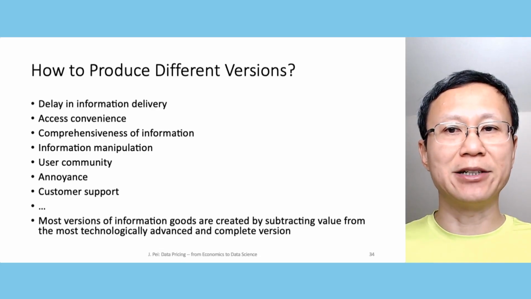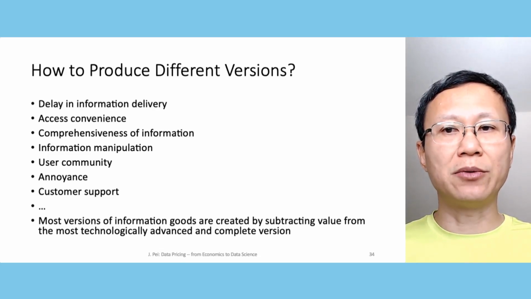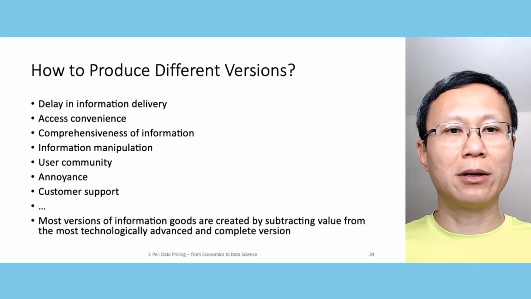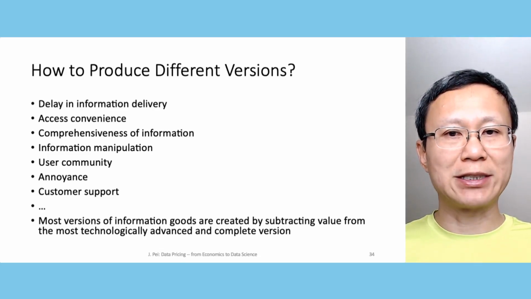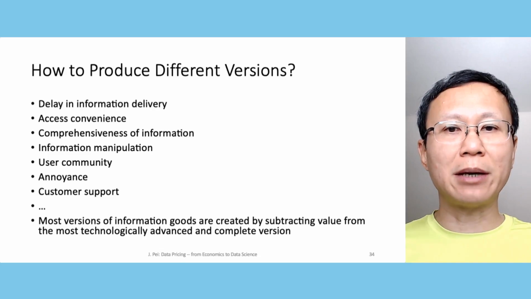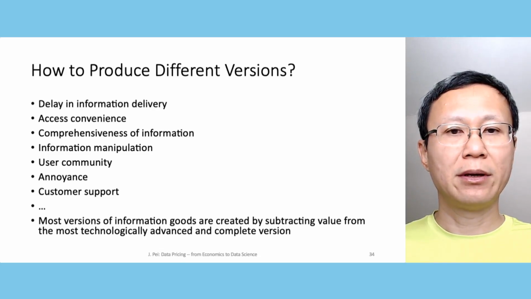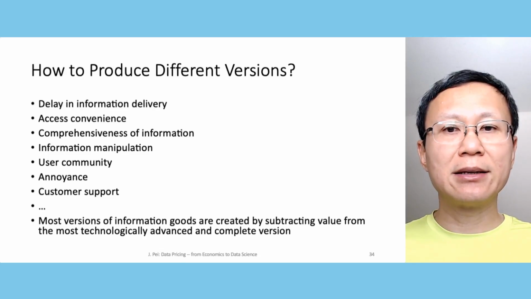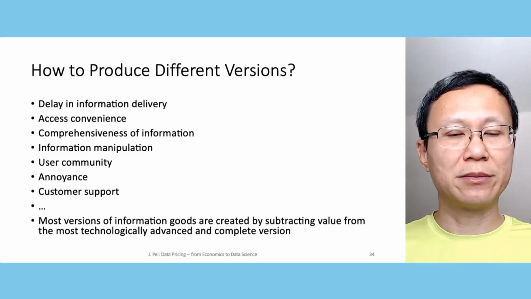20 minutes later. In addition, versions may be defined by convenience, such as data can be accessed only by PDF file or by downloadable spreadsheet. They also can be defined by comprehensiveness, such as the length of historical data available, or by manipulation, such as whether users can store, duplicate, print the information.